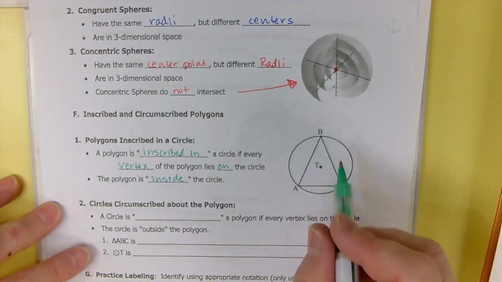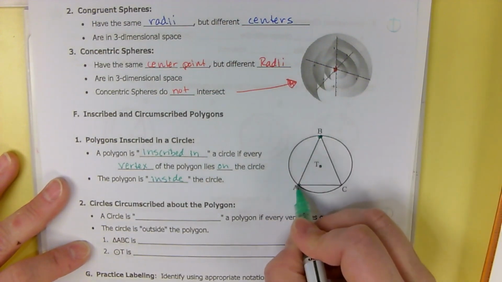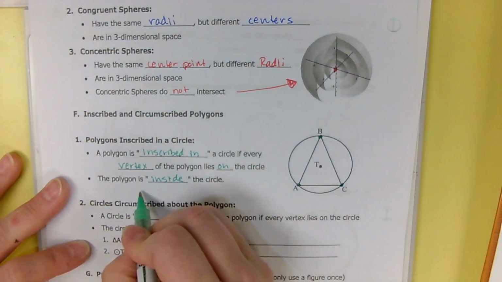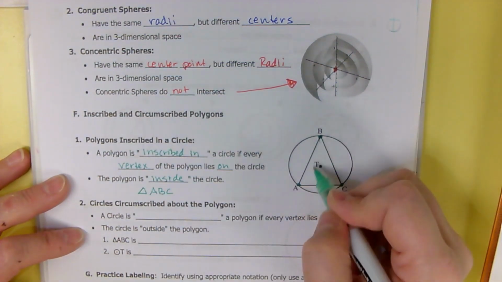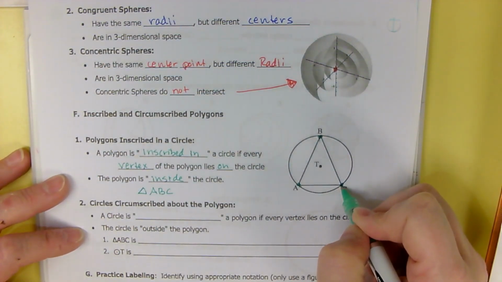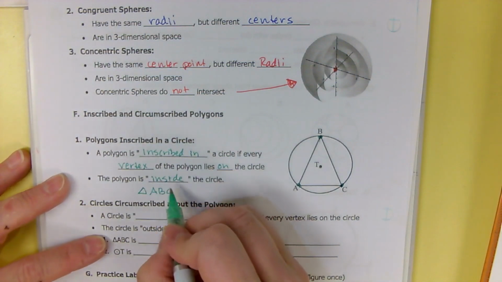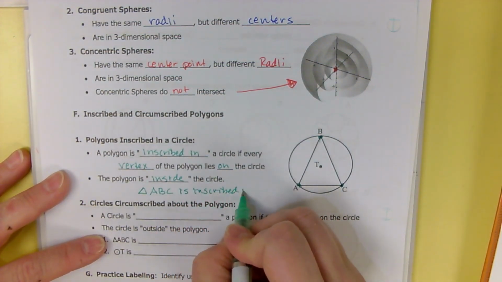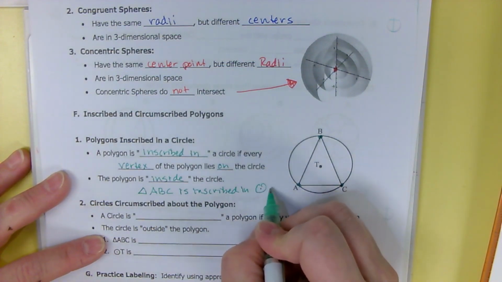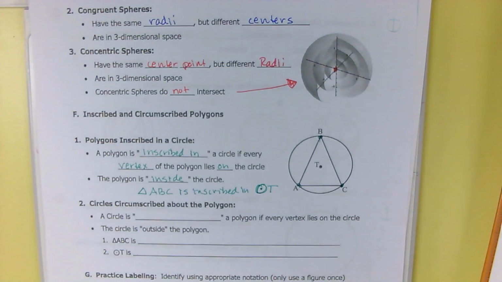Okay, so looking at this, my polygon is triangle ABC. And each of its three vertices are touching the circle. That means ABC is inscribed in circle T. Inscribed in. All three vertices have to be touching.